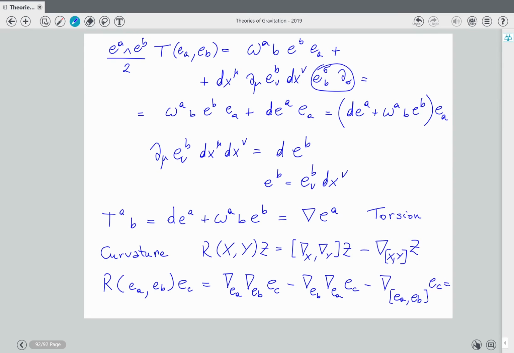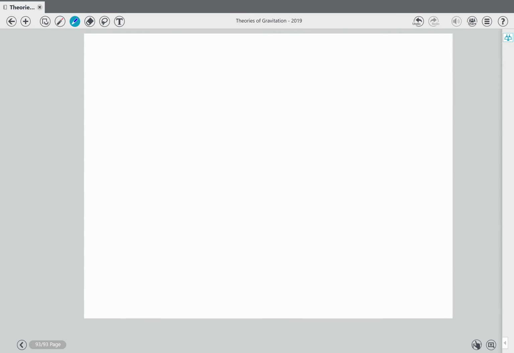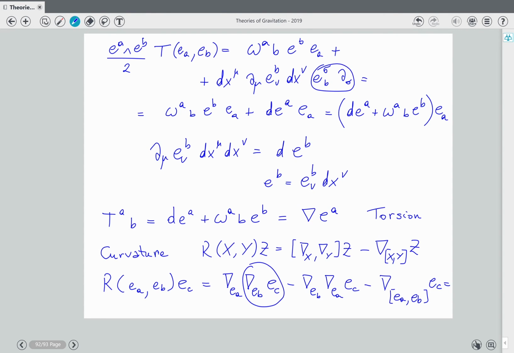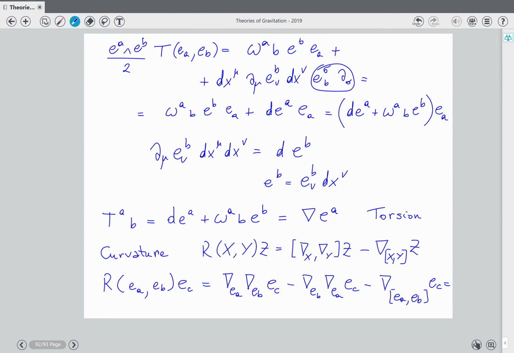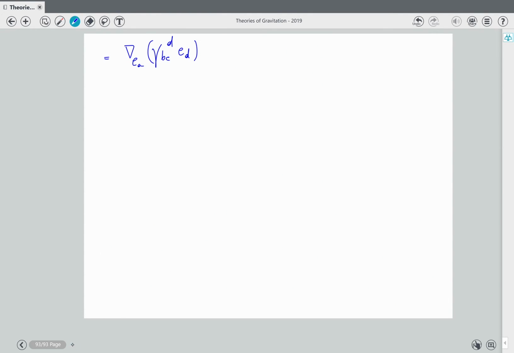What is it? So del EA, we leave it like that. Then we use the definition of the gamma symbols. That's gamma BC D ED. Yes, minus del EB gamma ACD ED.